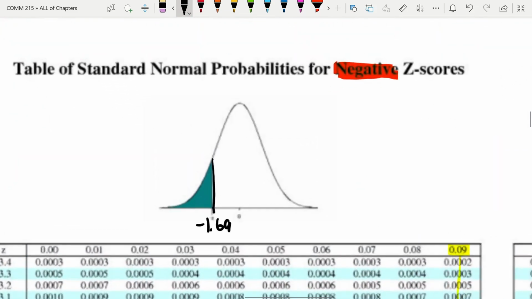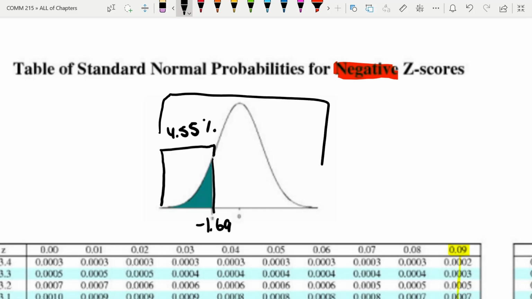So what that means is the area here is 4.55% out of 100. This all the way to here is 100, and just this small part is only 4.55% of your whole normal distribution.